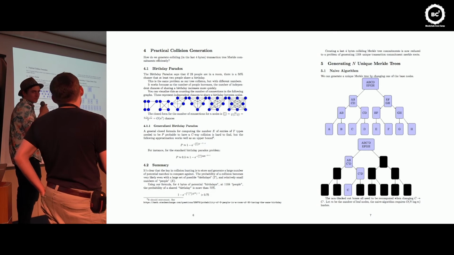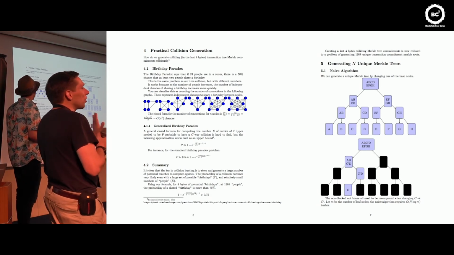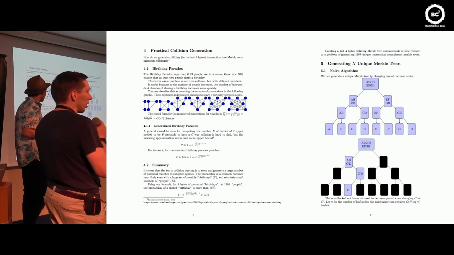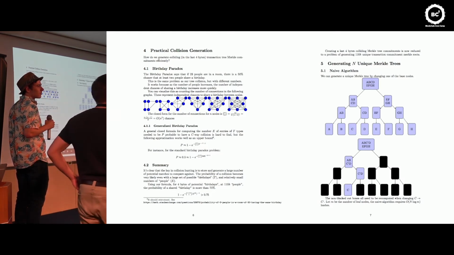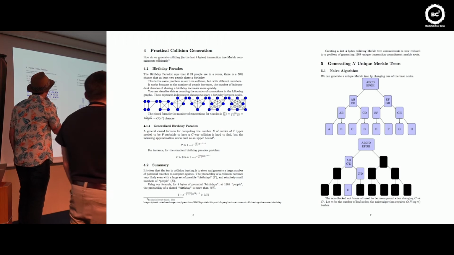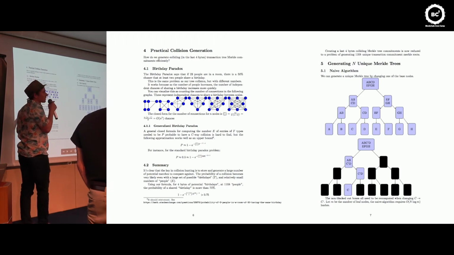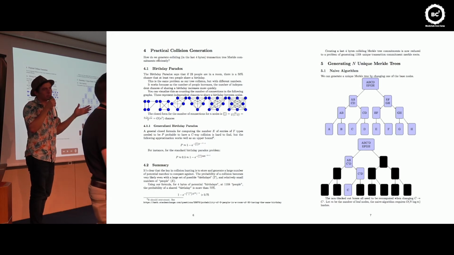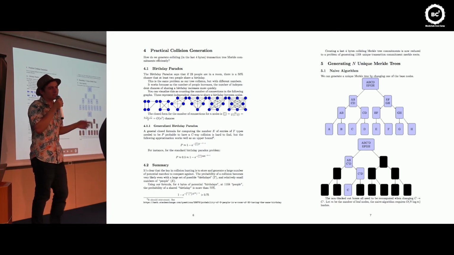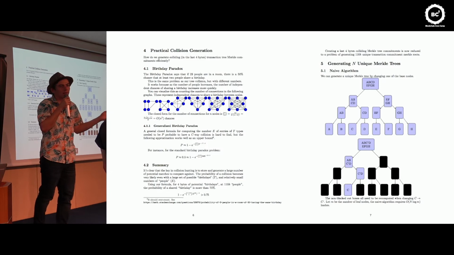So I'll say collision. When the last 4 bytes are the same, that's called a collision: when two hashes are the same. Basically, there's something called the birthday paradox, and that would predict that a lot of you in this room have the same birthday, a reasonable number, maybe 2 or 3 pairs or something.